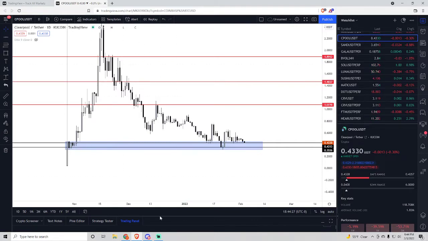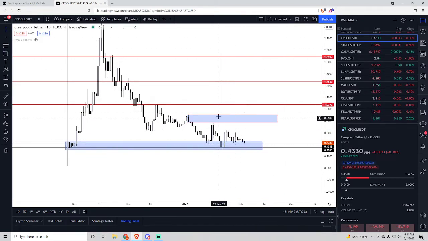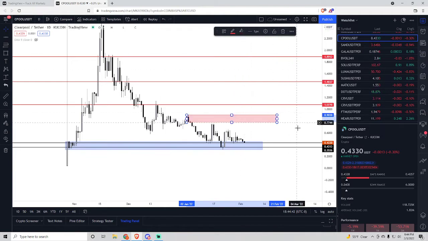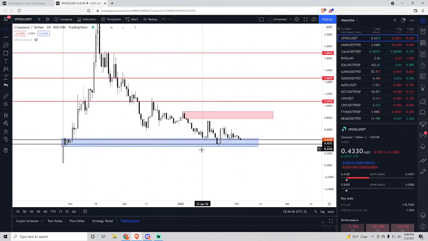Currently on the daily, this has no demand zone. These have all been filled, but it does have supply zones. So let's use these two for example for now, and then I will add more as we go.